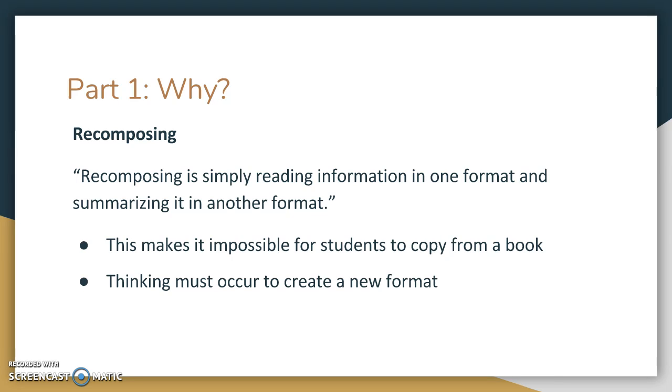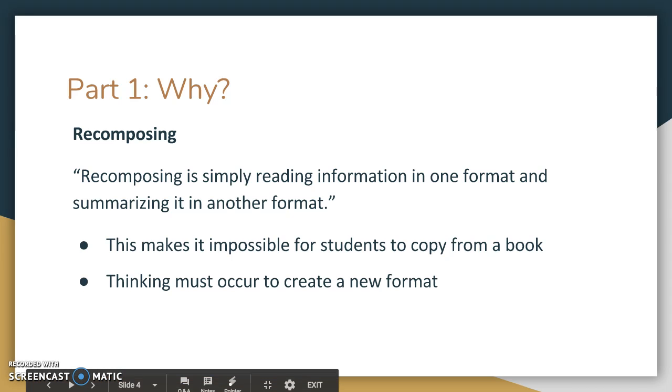And furthermore, when they go from their new format to their actual finished product, whether that be an essay or something online like a Storybird story or any of those things that we had learned in the IT class, they then again need to think for that learning to occur. It's not something they can just copy down.